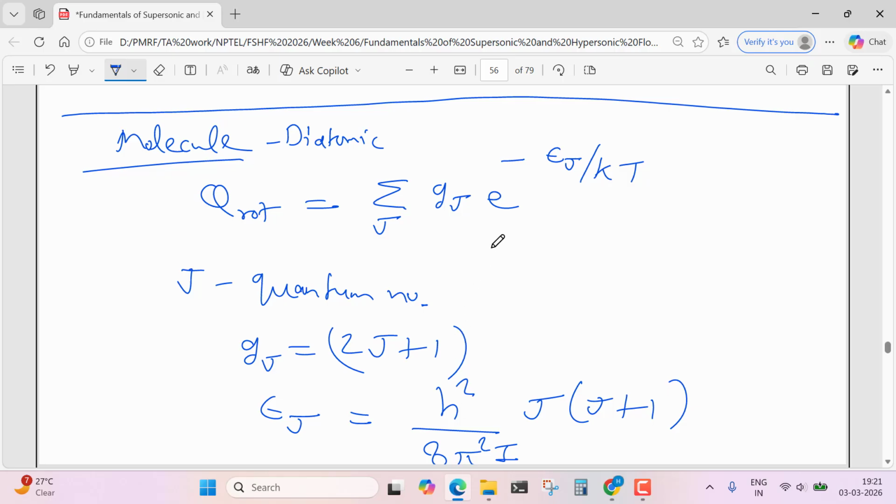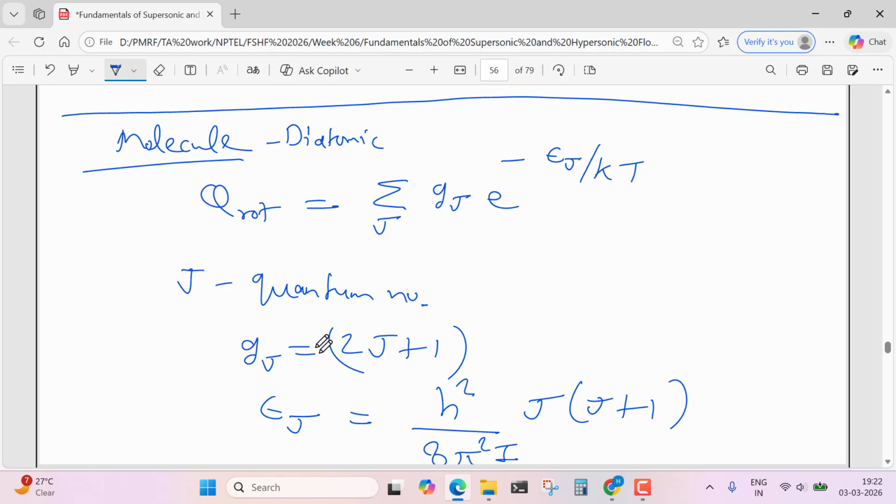So Q rotational is given by sigma over j of gj e to the power minus epsilon j upon kT. And j is the quantum number here for the rotational mode.